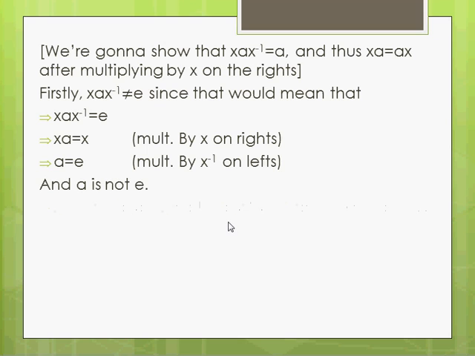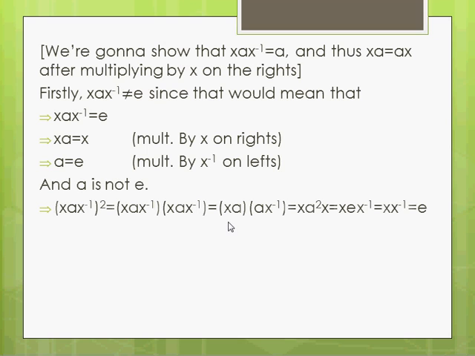So XA X inverse is not E, and now when we square XA X inverse, that means we multiply them out side by side, and X inverse times X in the middle, that's just E, so that goes away.